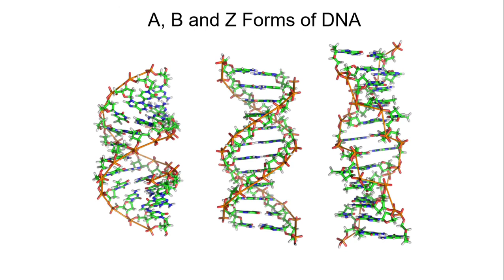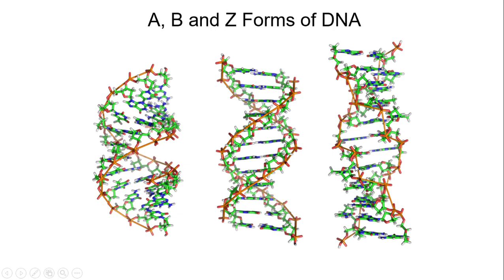It has about 11 base pairs per turn, and it occurs in dehydrated samples of DNA, but also might be seen in DNA-RNA hybrid helices. There are about 2.4 angstroms of rise per base pair. So it has a deeper major groove and a shallower minor groove. So here would be that deep major groove and the shallower minor groove here.